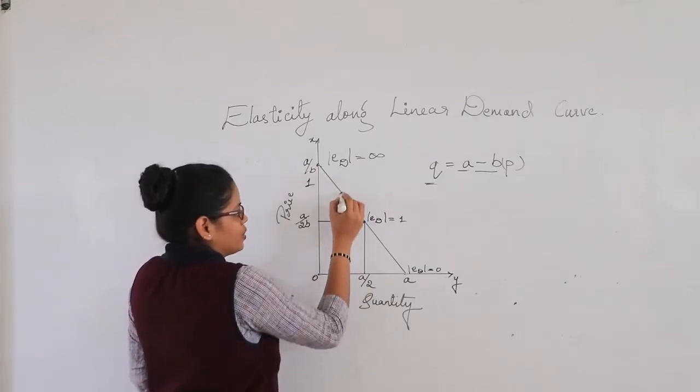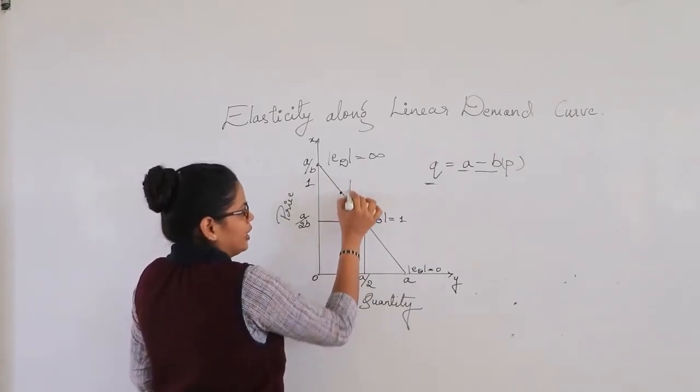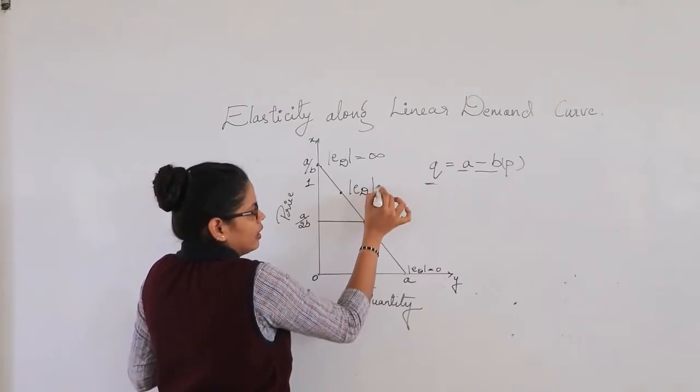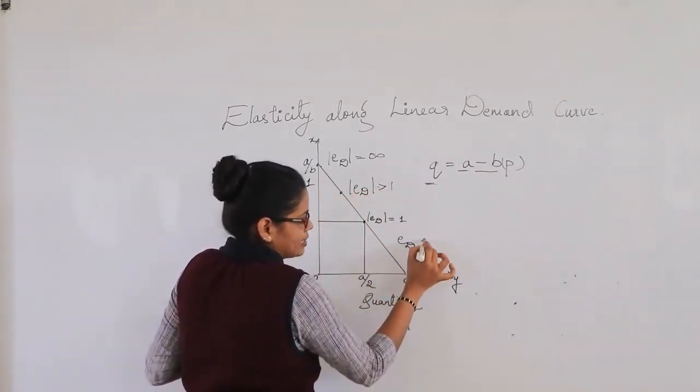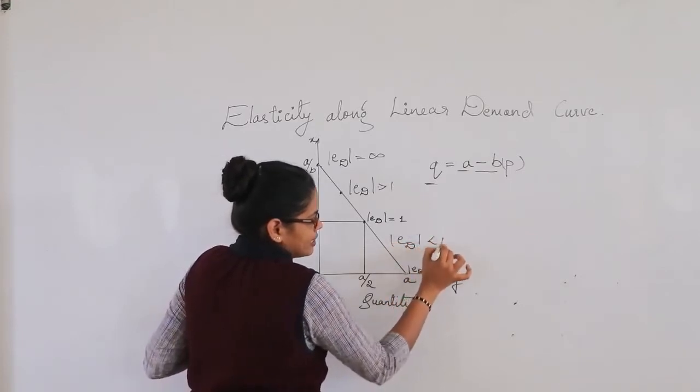Wherever you see this point, ED is greater than 1, and in this area ED is less than 1.